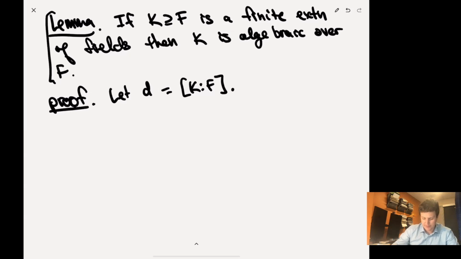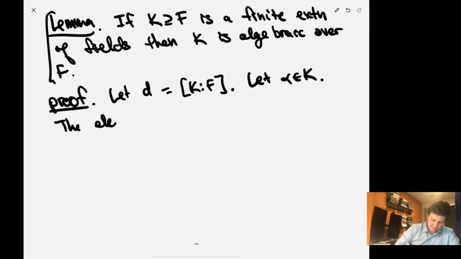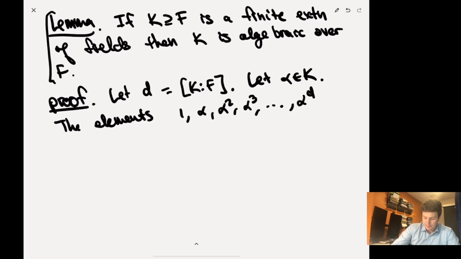So suppose that the degree is D, and let's take alpha, an element of K. Then we can just start building too many elements: 1, alpha, alpha squared, alpha cubed, and so on, all the way up to alpha to the D. This must be linearly dependent. If they were linearly independent, then the dimension would be bigger than D, since that would be D plus 1 linearly independent elements. So it must be linearly dependent.